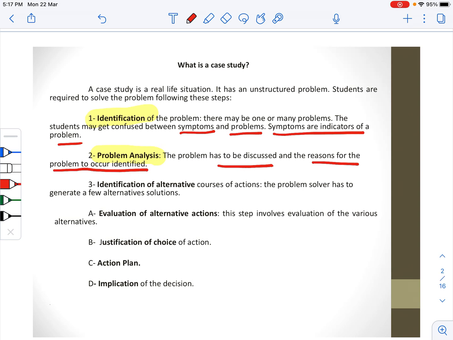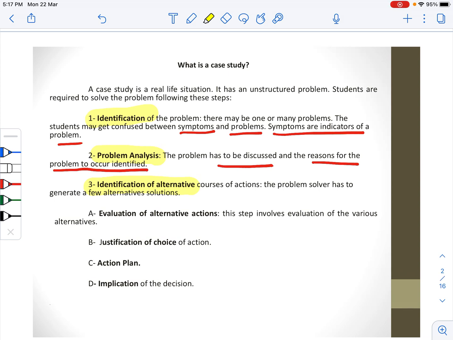And number three is the identification of alternative courses of action, meaning what else can we do to solve this problem. In a case study, you're supposed to give a few different alternative solutions, maybe 3 or more.